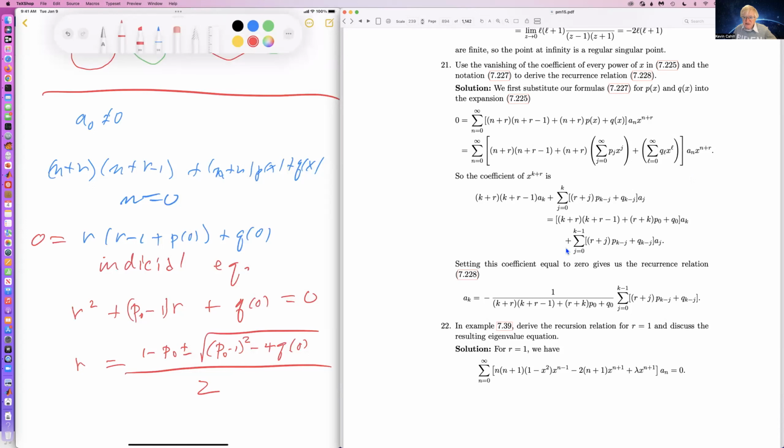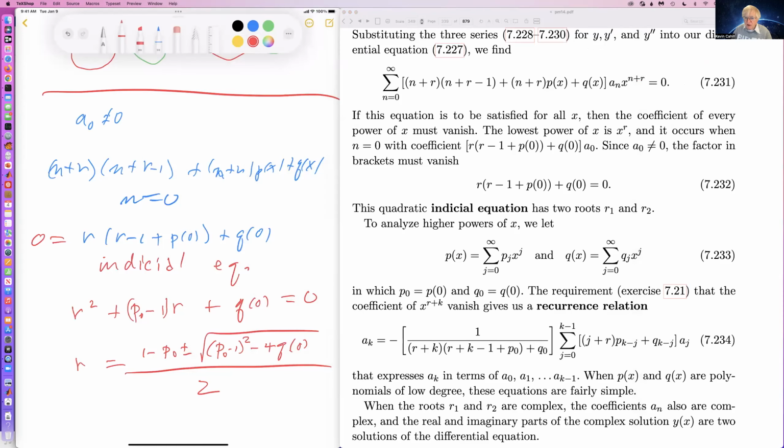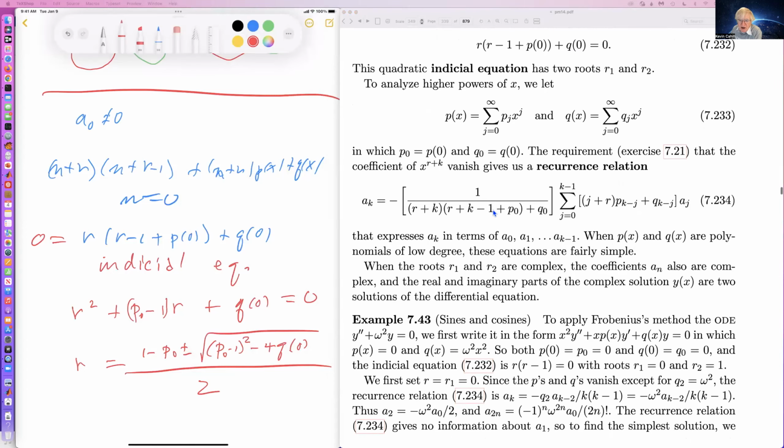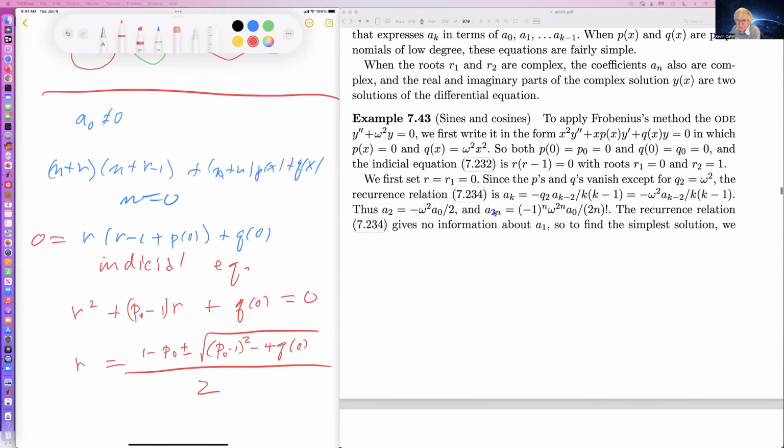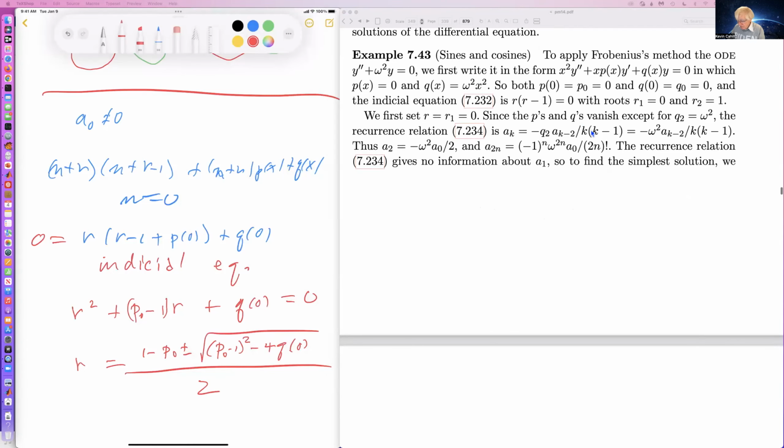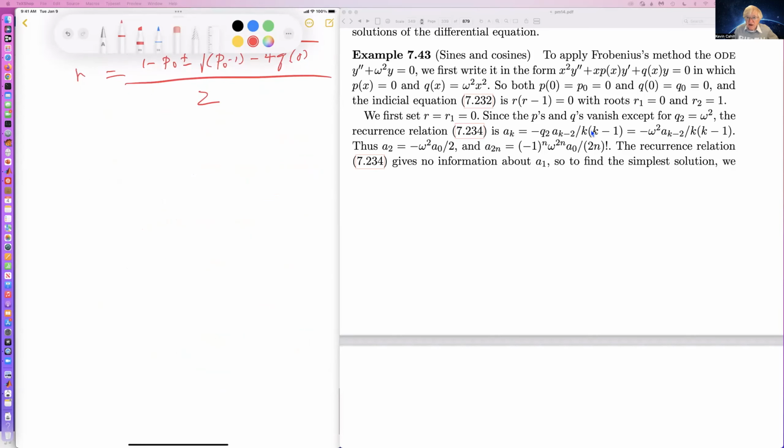I tell you what, I will send you this solution, but I don't think I'm going to puzzle through it here. It looks a little more complicated than I thought. Of course, in some simple examples, it is pretty simple.